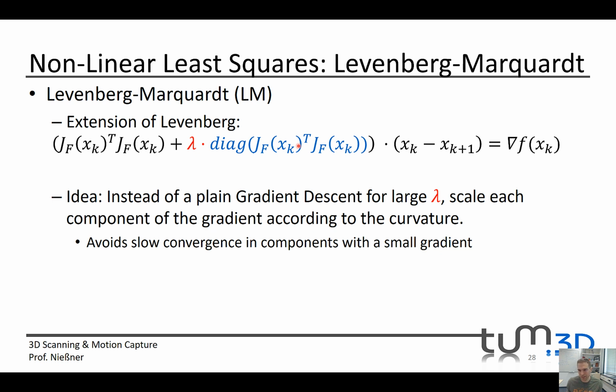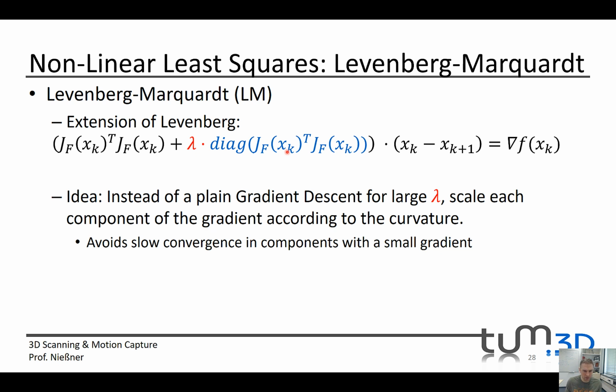So the reason why this is important is if you had some diagonal entries where you have very small gradients, you're not normalizing that, but you're scaling it according to the curvature, which means you're avoiding these kind of slow convergence things when you have a small gradient in a specific component. And this is called Levenberg-Marquardt.